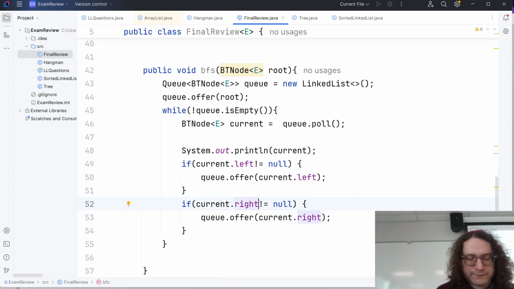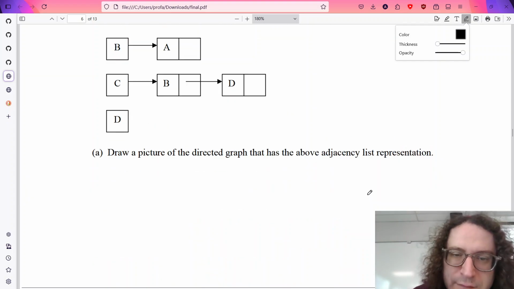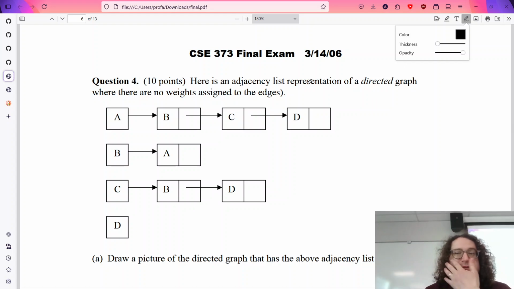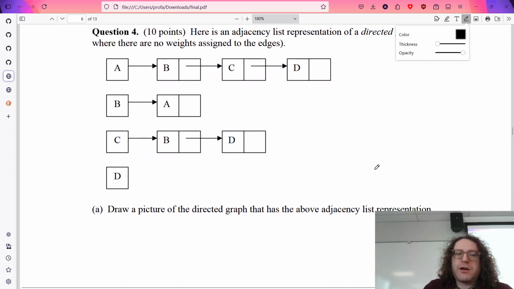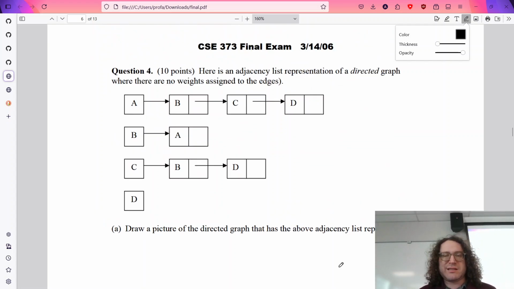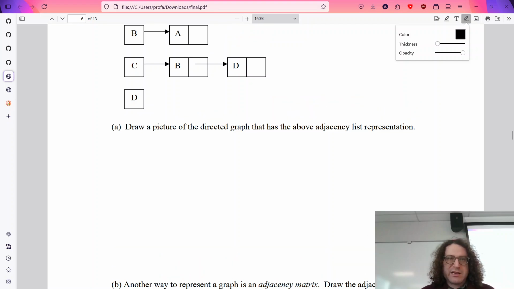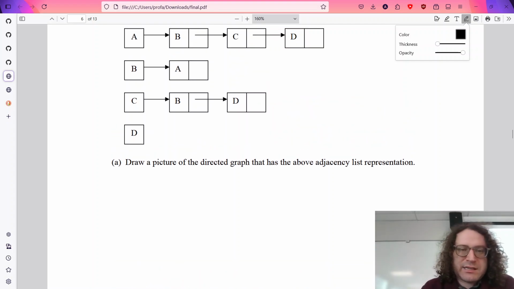Right. Now, let's see. Here's a good one. Here's an adjacency list representation of a directed graph. No weights assigned to the edges. Draw the picture of this graph that has the adjacency list representation. Okay? So, adjacency list.